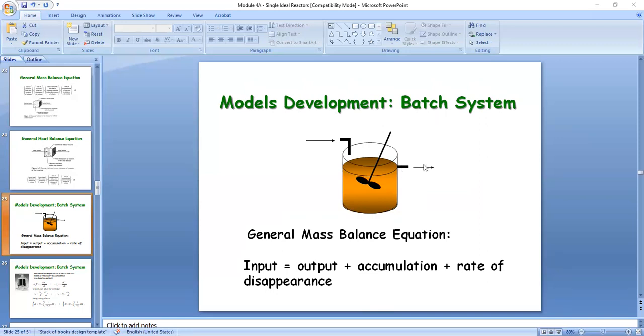Let me see. What do you think is zero or are zero? I have two answers or three answers already. 1, 2, 3. Accumulation, accumulation, accumulation.